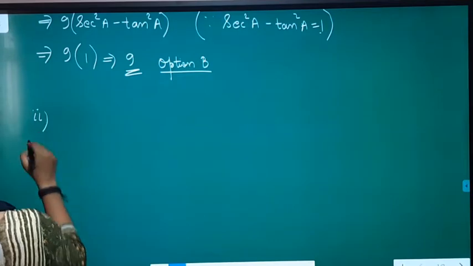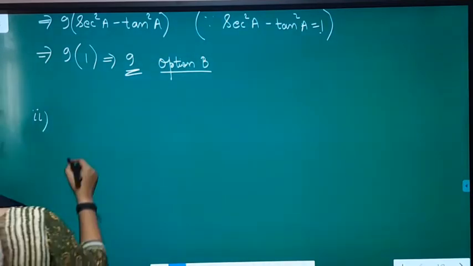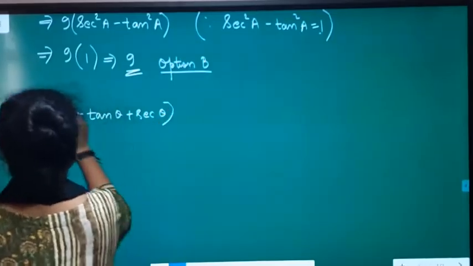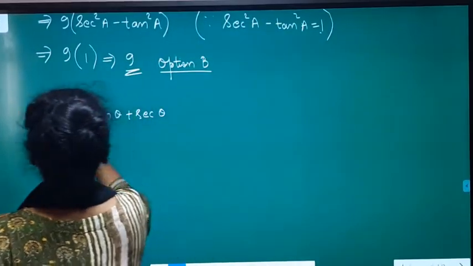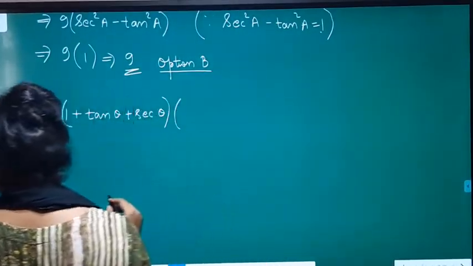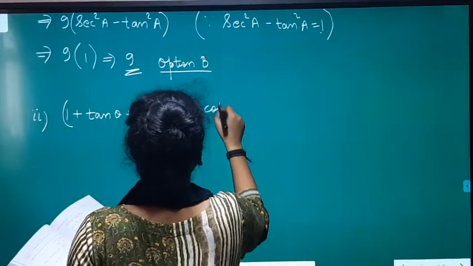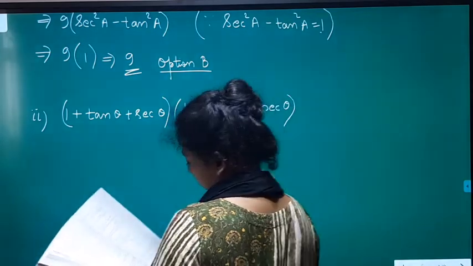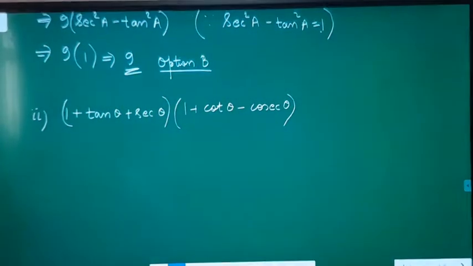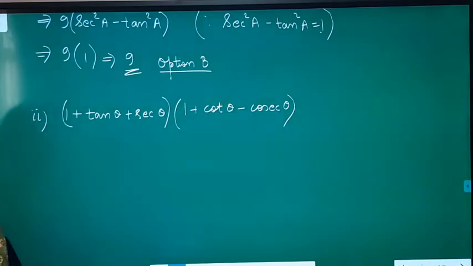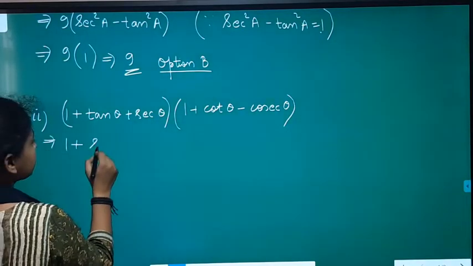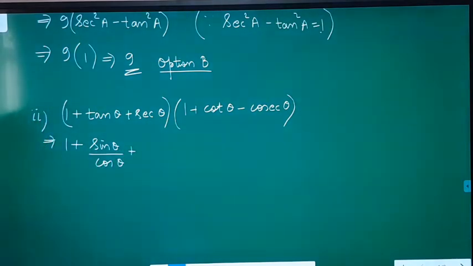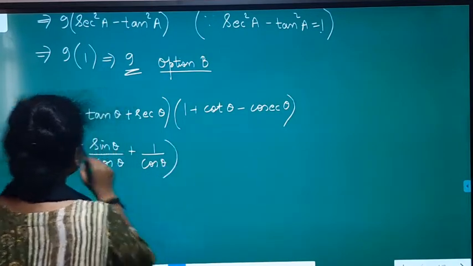Second part, 1 plus tan theta plus sec theta into 1 plus cot theta minus cosec theta. From here, we can write tan theta as sin theta upon cos theta. We can write sec theta as 1 upon cos theta.